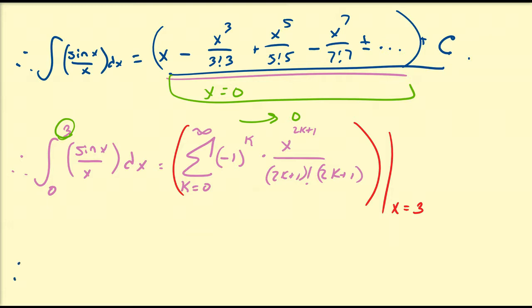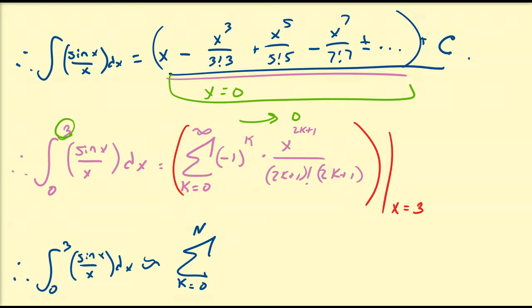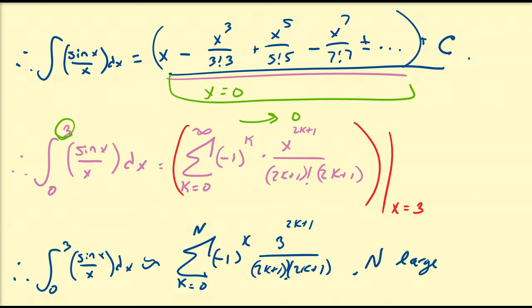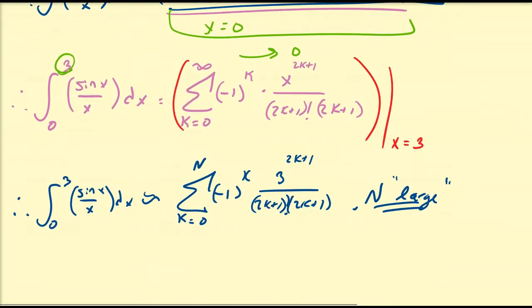So if that's the case, that means the integral from 0 to 3 of sine x over x dx is going to be approximately equal to the sum from k equals 0 to capital N of (-1) to the k times 3 to the 2k plus 1 all over (2k plus 1) factorial times (2k plus 1), where N is large, like 100 or 1000, depending on how accurate you want, and you can figure out how fast that converges.